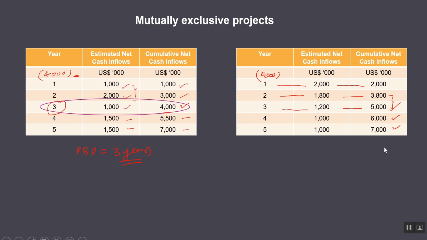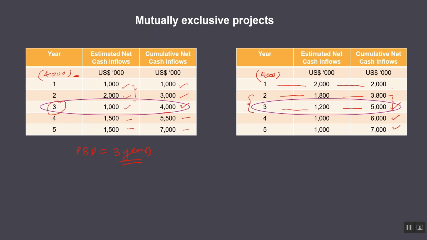So therefore that falls within the third year. If the payback period falls within a year like this, what is the method that you need to use to identify the payback period? You need to calculate the payback period proportionately because it falls between the second and the third year.